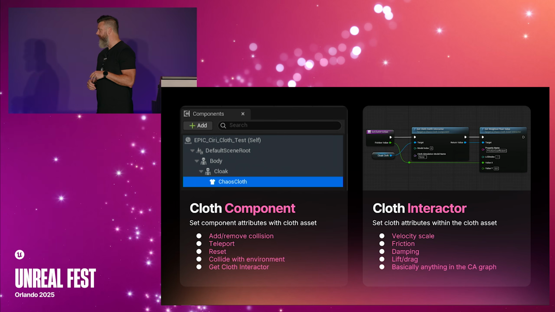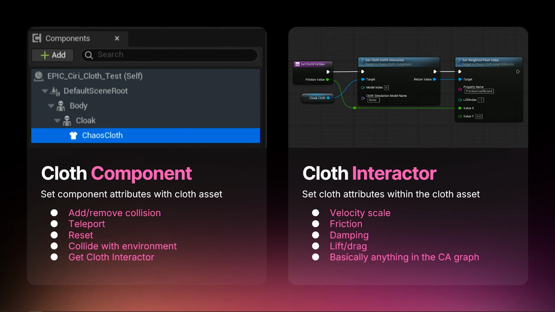It handles whether it collides with environmental objects and things like that. So it's more of the global values. And then the interactor is what you need to set dynamic values in the cloth asset itself. So these are the things where I want to change velocity scale, or friction, or damping, or any of those things. The interactor is what you need to help set those on the fly.